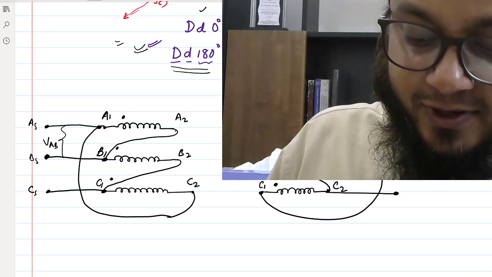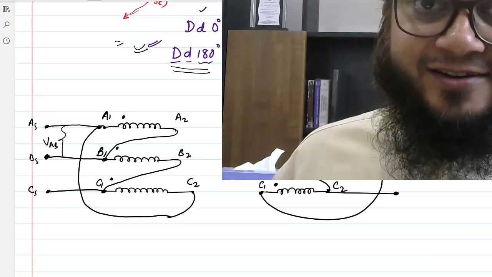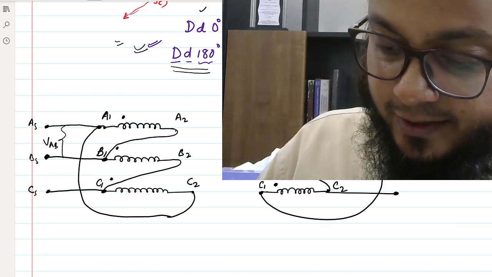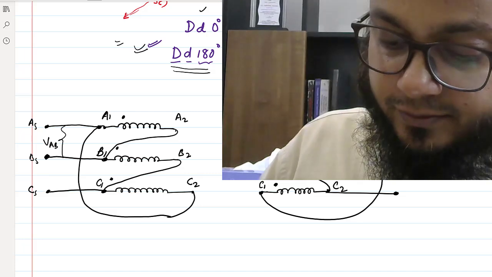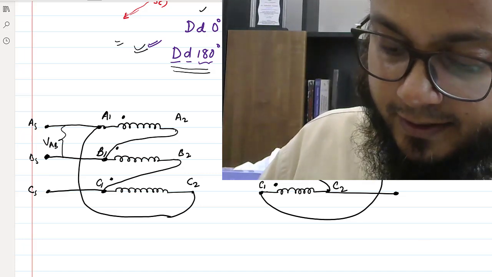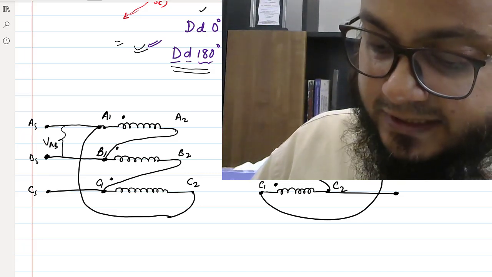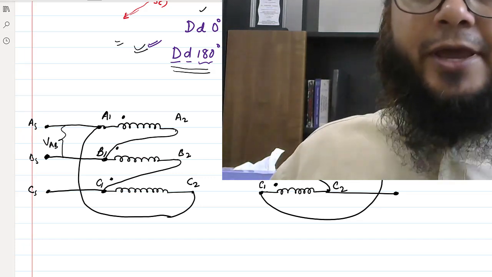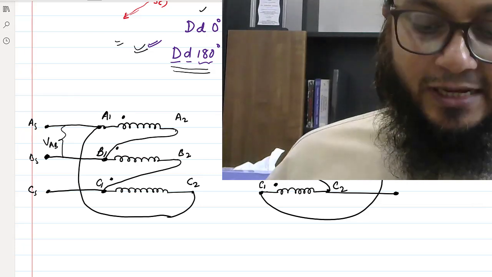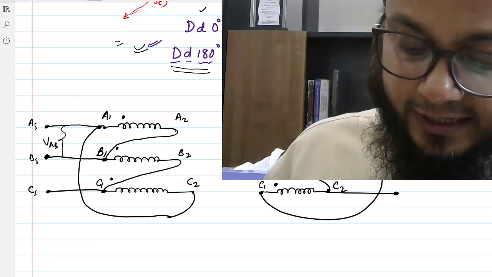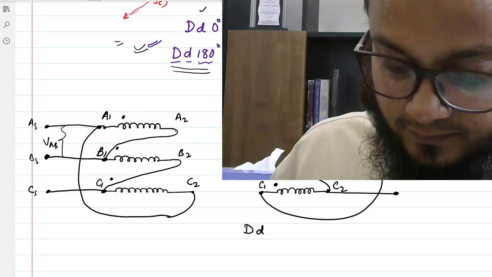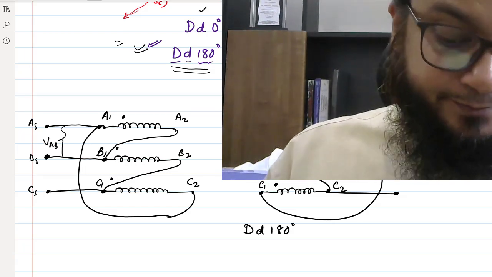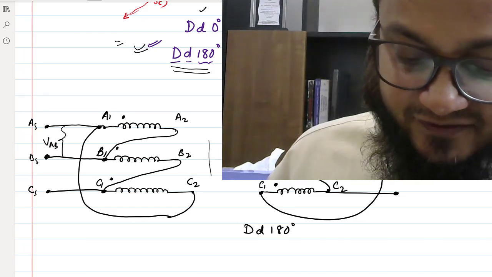So this time we will get a reverse voltage, right? So VAB would be VA2 minus VA1, which is nothing but minus of VA1A2. Okay, so that's how you can see it for the other phases also. So this will make you delta-delta 180 degree.